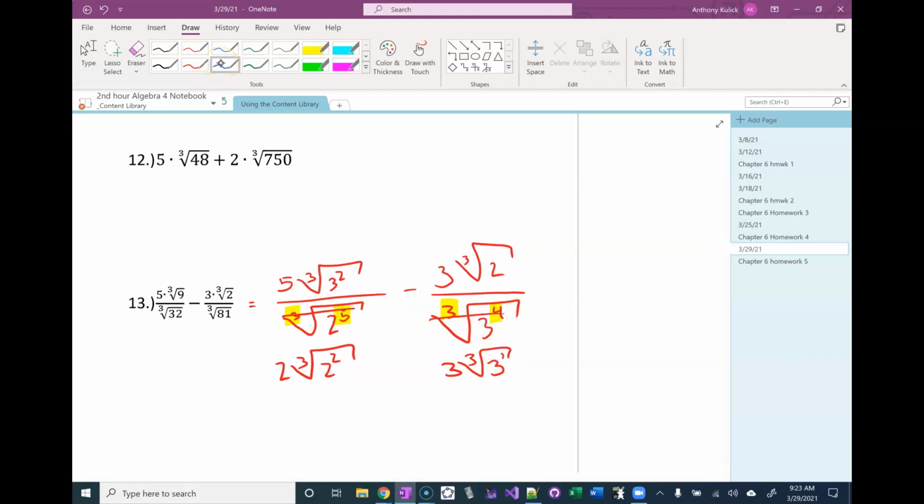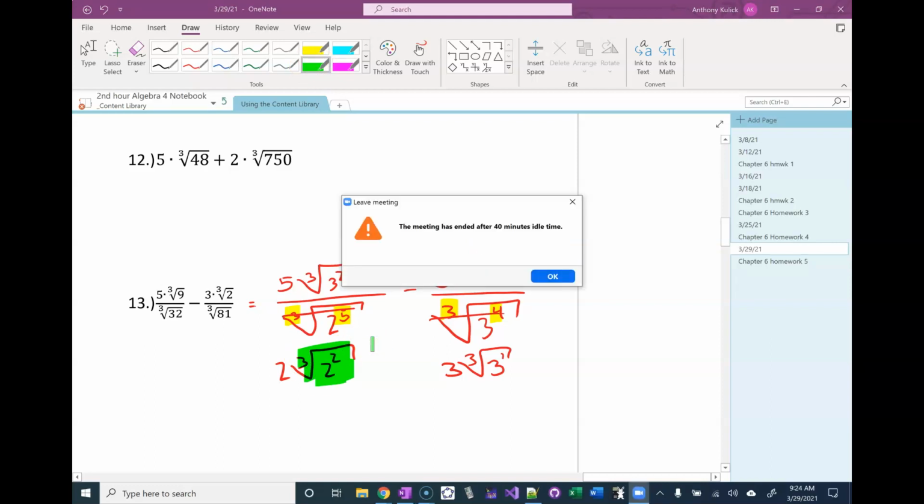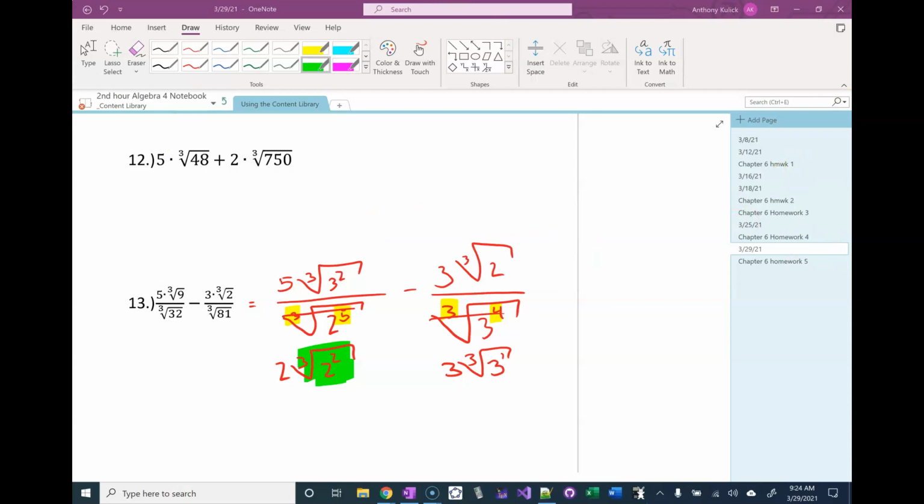So what I'm going to do now is rationalize my denominators. So I notice in the first fraction I have this square root of 2. And I notice in the second fraction I have this cube root of 3 to the first. Uh-oh.